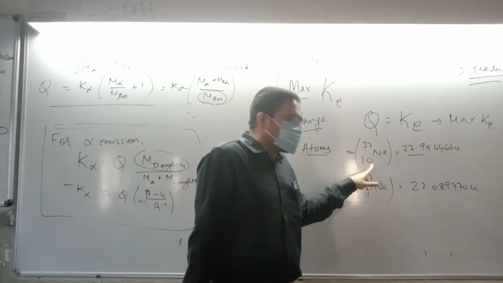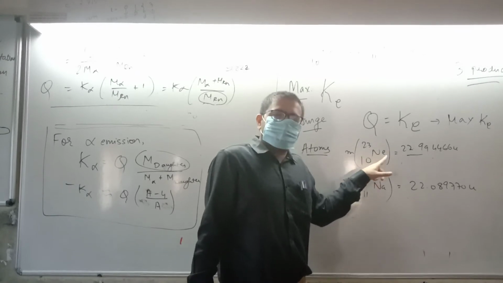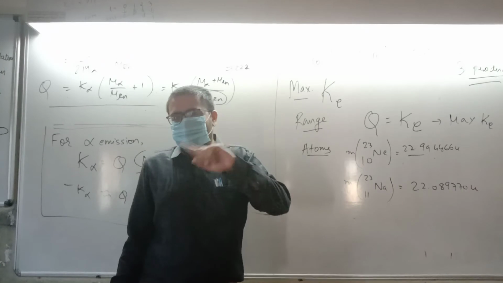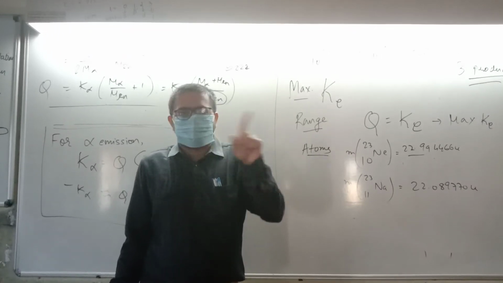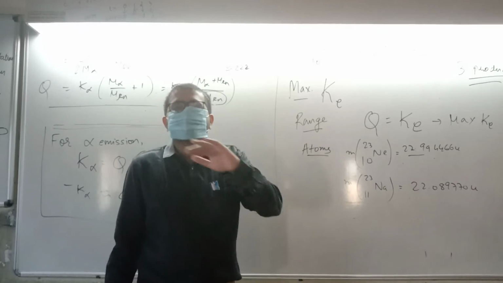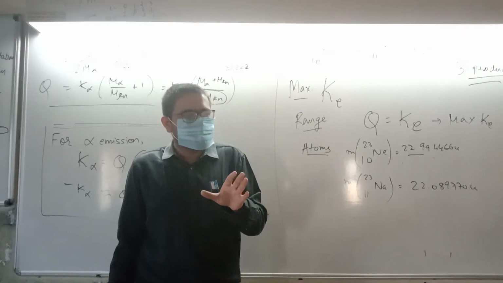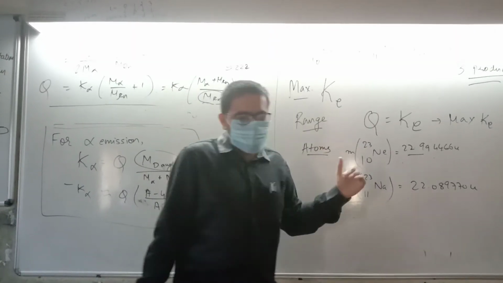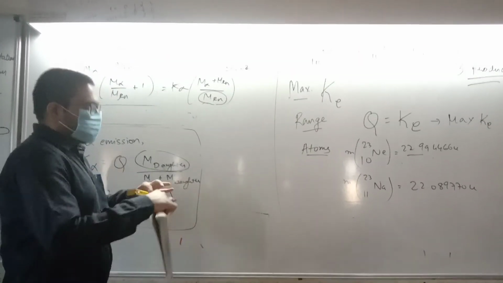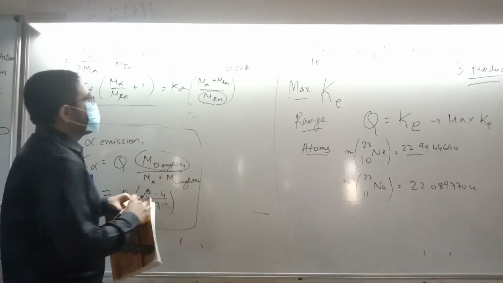On the other hand, this includes the mass of neon nucleus and 10 electrons around it. There is a discrepancy. One has 11, the other has 10. Things don't match. Clear? So when we write the Q value, you have to be slightly careful.